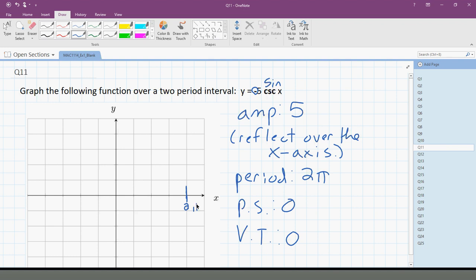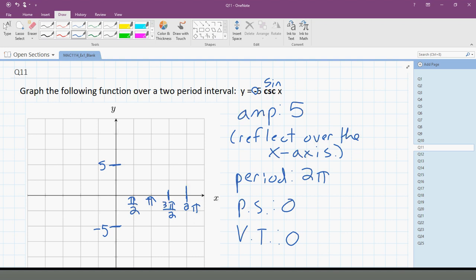So here's my 2 pi, here's my 3 pi over 2, here's my pi, here is my pi over 2. Okay? And then let's just say, because I don't want to really count it out, that's 5, and this guy is -5. So a sine graph starts where?